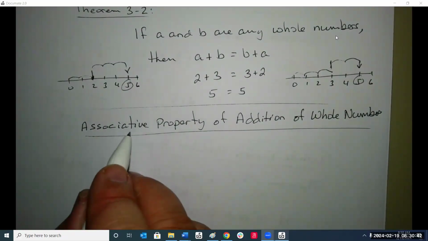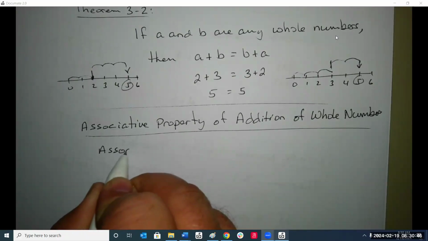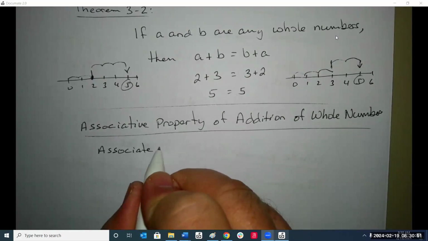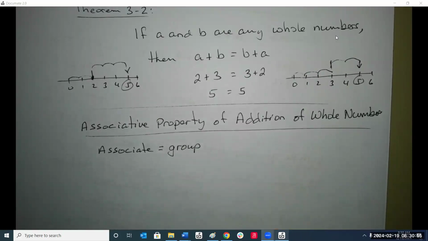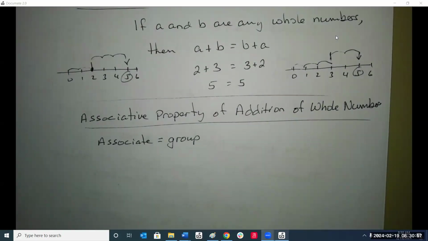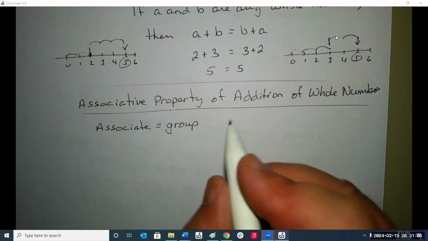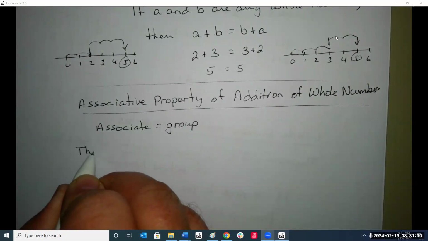The associative property: when you associate with someone or some group, what you're forming is a group. The associative property is you're forming groups. All right, so it falls under this theorem.